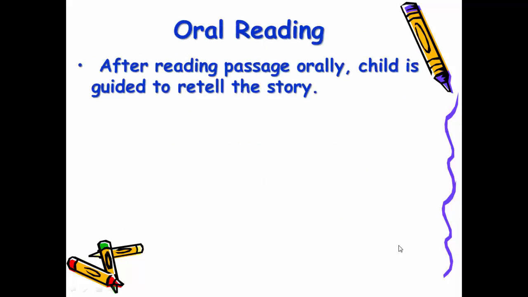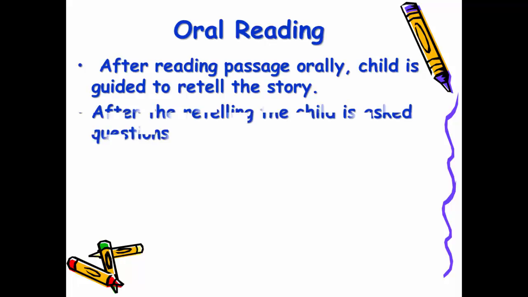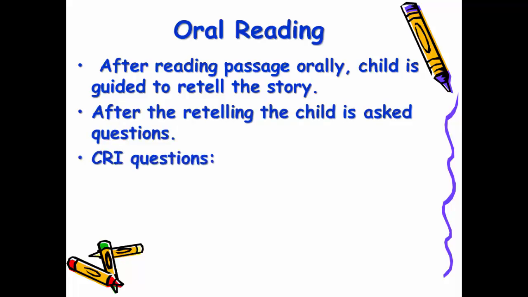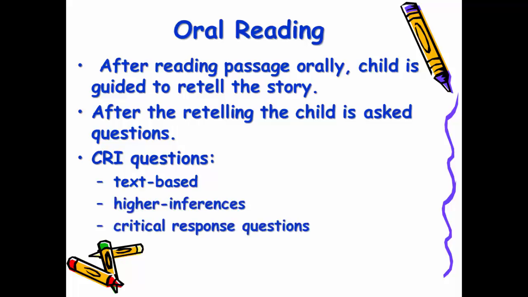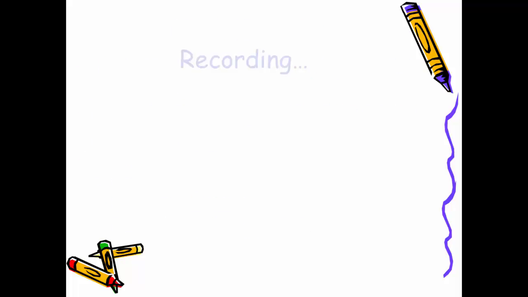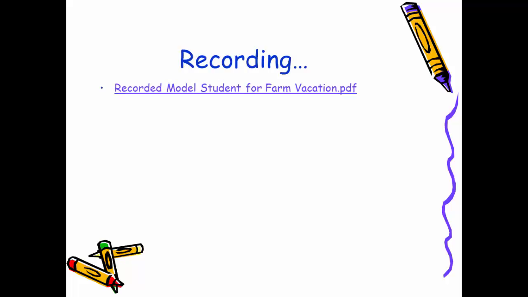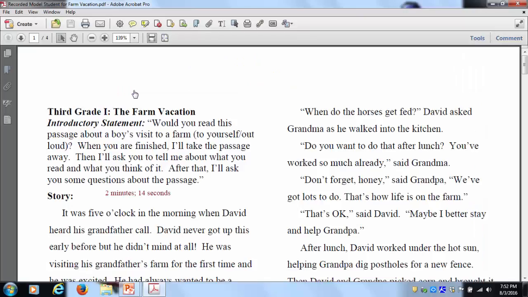So oral reading. After that passage, the child is guided to retell. After the retelling, the child is asked the questions. Again, three types: text-based, higher inference, and critical response questions. What will the recording look like?